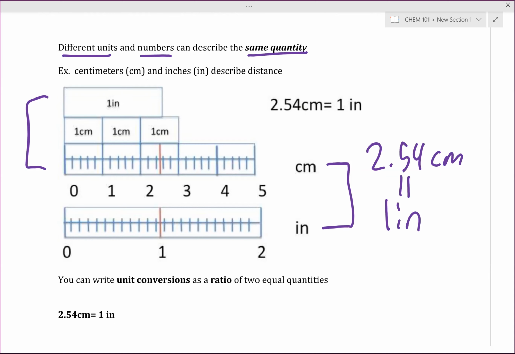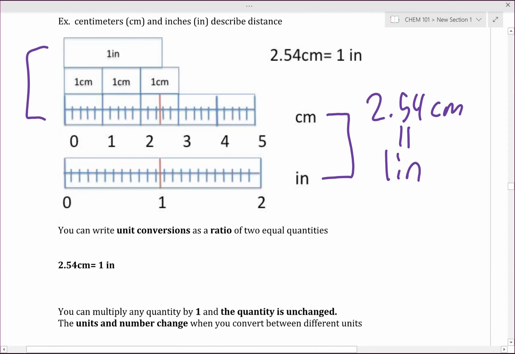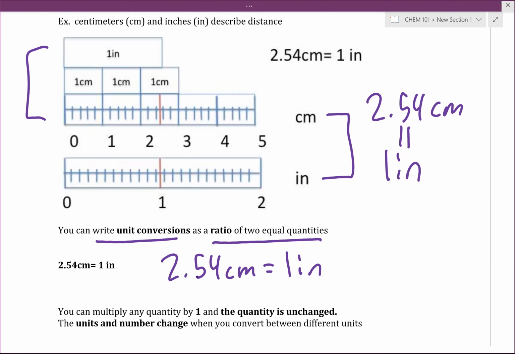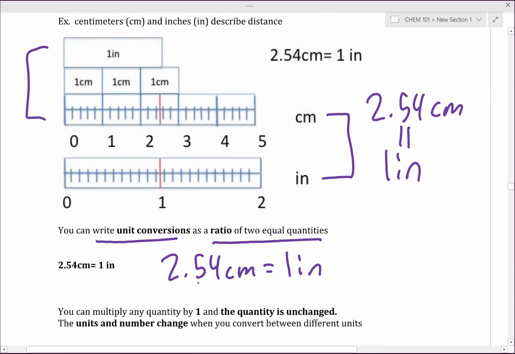Okay, so as a result of this idea, you can write unit conversions as a ratio of two equal quantities. So for example, we know 2.54 centimeters are equal to 1 inch. Now, from algebra, we know that we can take both sides and divide them by the same quantity and end up with the same equality.